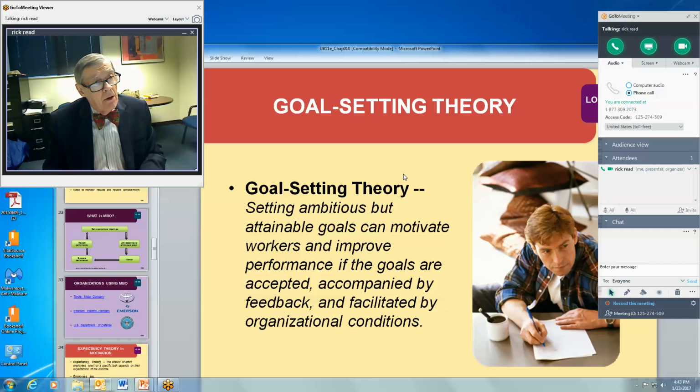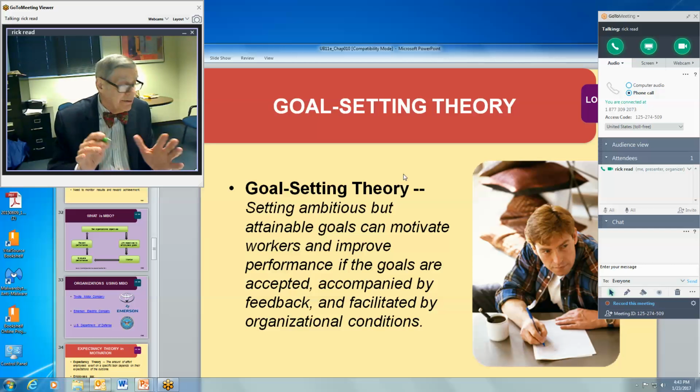Or they're going to get bored. So it has to have a degree of difficulty built in, and it has to be achievable. And of course, as I said before, and maybe it got a little bit lost in translation, the employee has to have the needed resources. If he or she doesn't have the resources, they're not going to be able to perform the job.